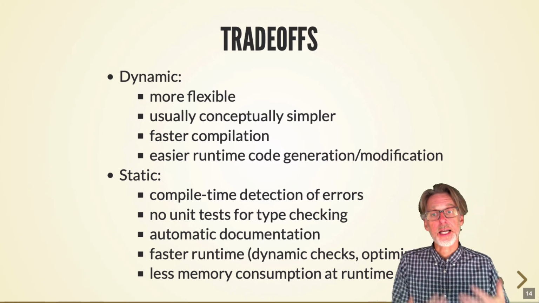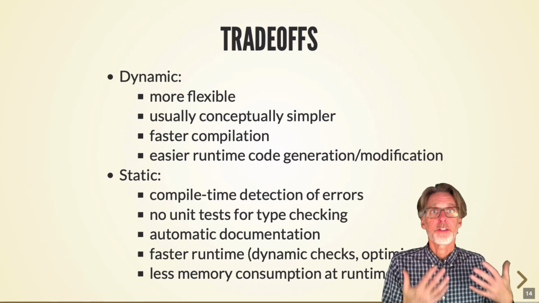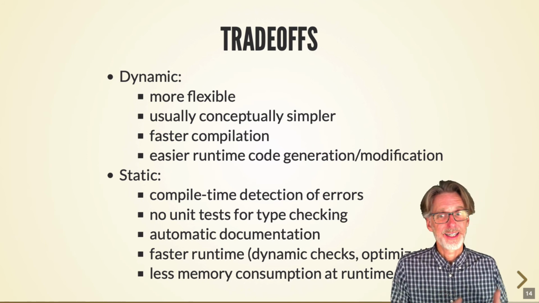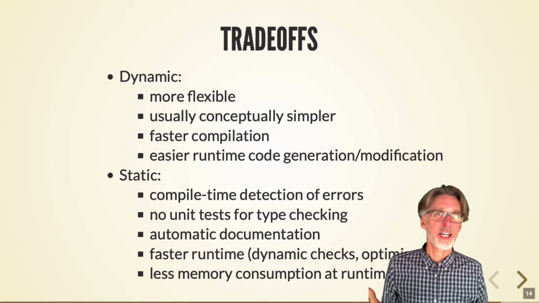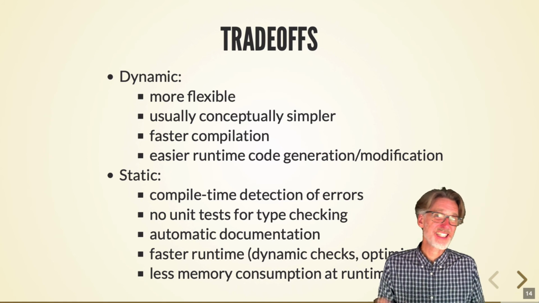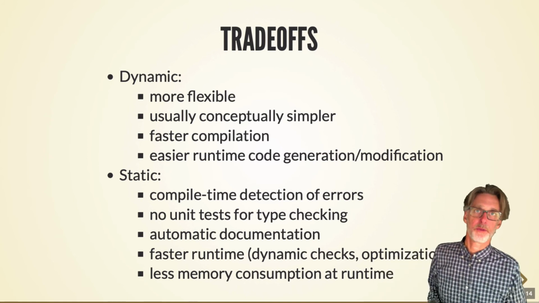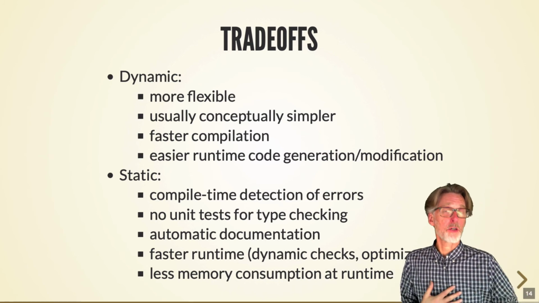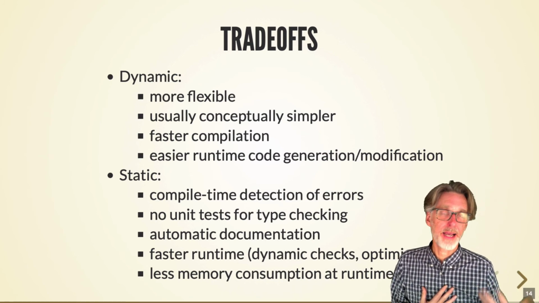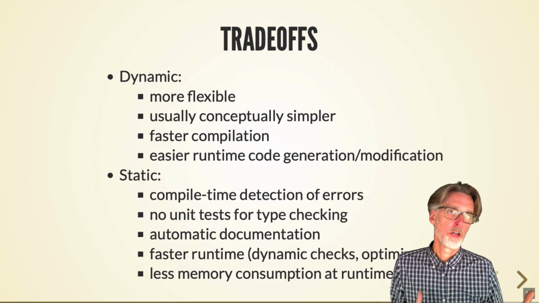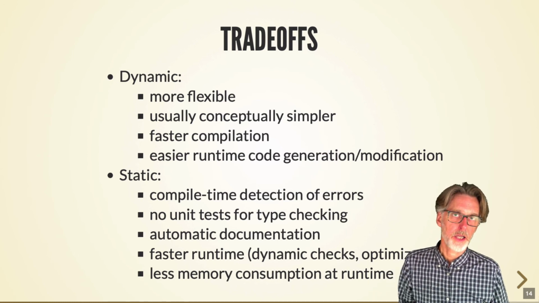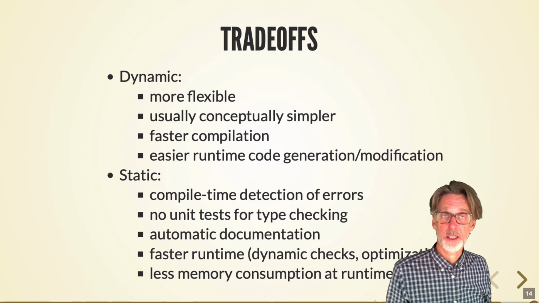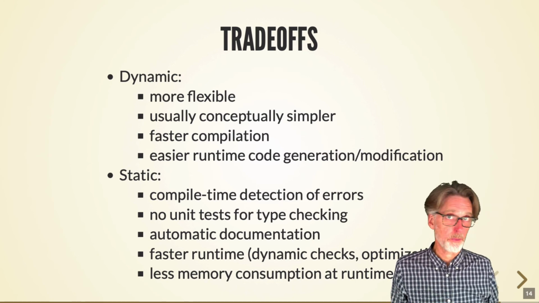On the other hand, static languages have the ability to check more errors at compile time and to avoid certain repetitive testing tasks that are necessary if you don't have type information in the code. They'll also potentially give you a faster runtime. This is one of the main reasons that companies switch from using dynamic languages like Python to using static languages like Scala in their backend, as did Twitter.